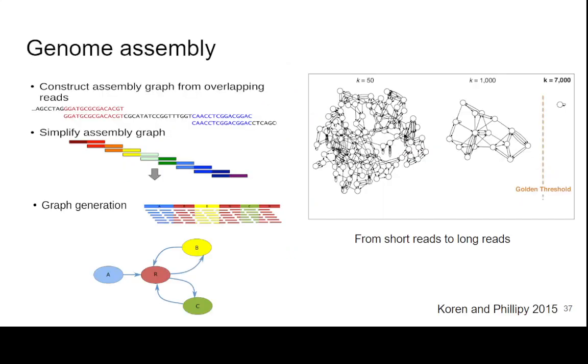So next, to now put these data sets together, we come to the computational end. As Julian mentioned, genome assembly started with the human genome project when the reads were short, and the graphs looked like this, so messy, because 50% of the human genome is short tandem repeats and also higher order repeats.